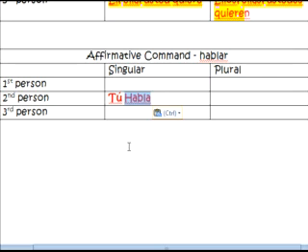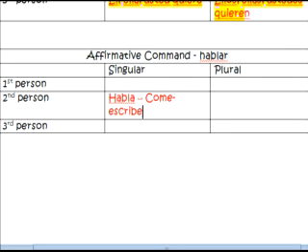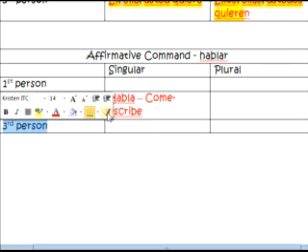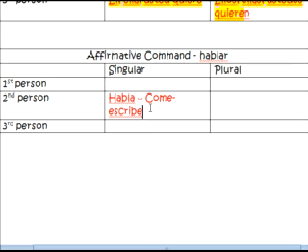Okay, so if I'm going to say to someone speak, I would say habla. If I'm going to say to someone eat, I'm going to say come. All right, that's the way that one works. If I'm going to tell someone to write, I'm going to say escribe. All right, all of those are the third person ending, but it's giving someone a command to do something.